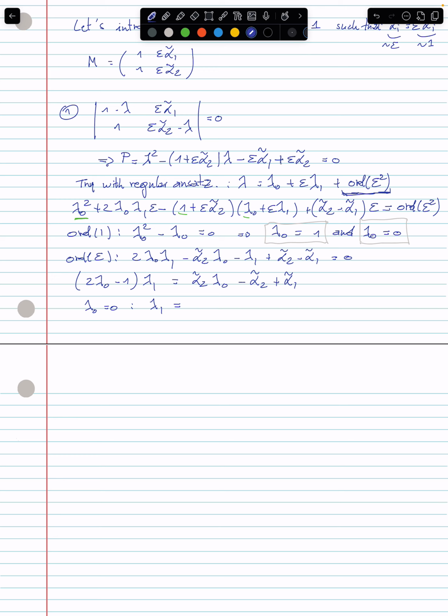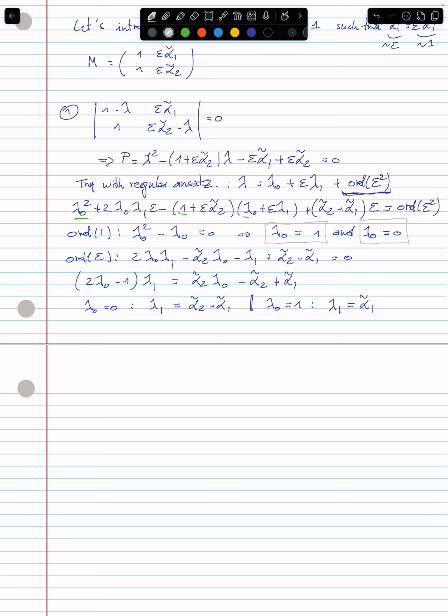So this is just alpha 2 tilde minus alpha 1 tilde. And when lambda 0 is equal to 1, the left-hand side here, 2 minus 1, is equal to 1. And here we have alpha 2 tilde minus alpha 2 tilde. So what just remains is alpha 1 tilde. So in that case, lambda 1 is alpha 1 tilde.